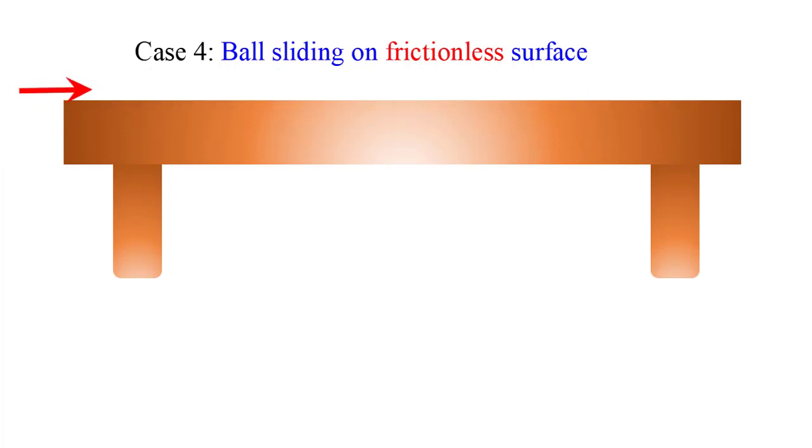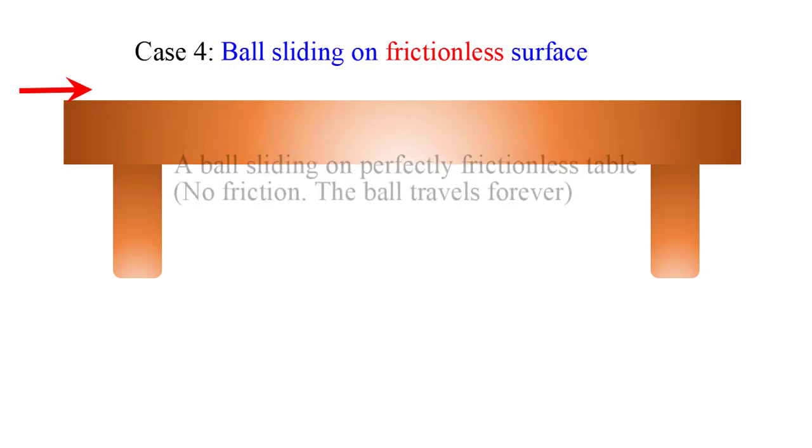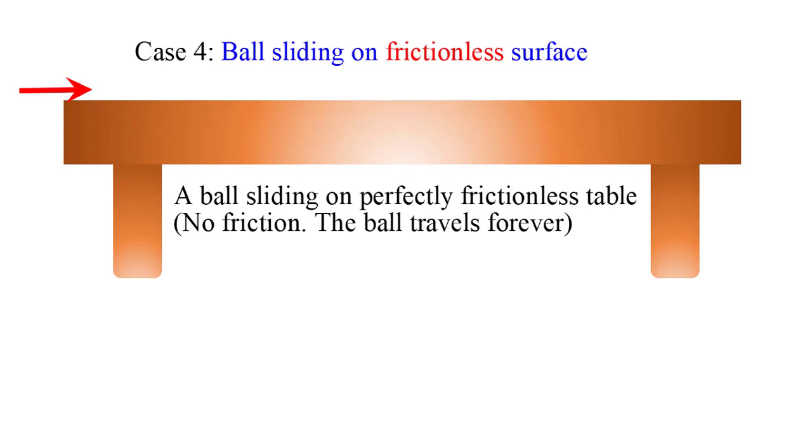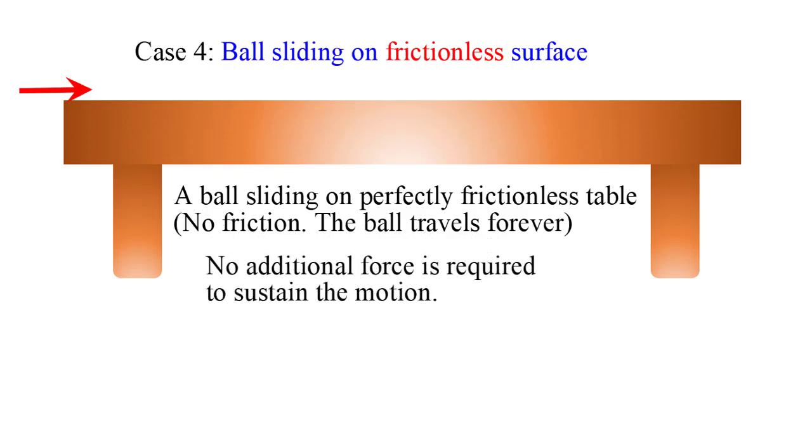The ball travels on a straight line for indefinite time. That is, it travels forever. There is no friction and the ball travels forever. No additional force is required to sustain the motion.